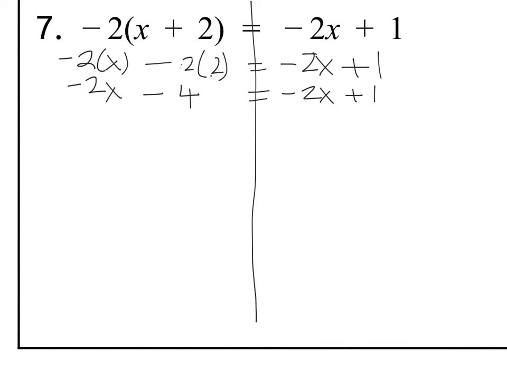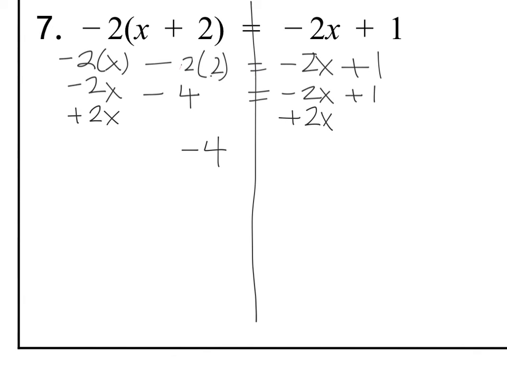Okay, let's see. On both sides of the equation, we have negative 2x. So we're going to drop it. But this time, we're going to drop it by adding 2x. Don't believe me? Negative 2 plus 2 is 0. So what remains on the left is negative 4.